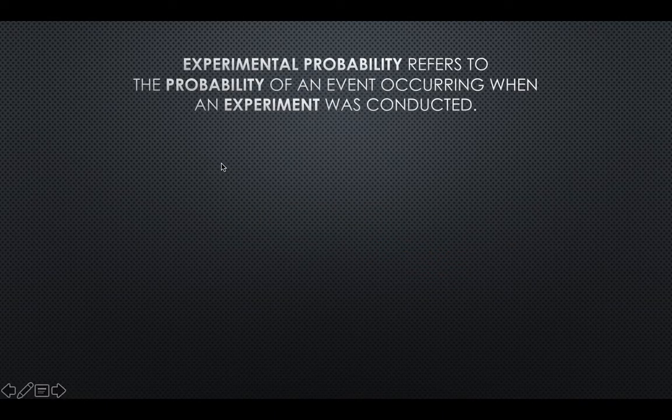But experimental probability refers to the probability of an event occurring when an experiment was conducted. So there's going to be some sort of experiment or event happening, and we're going to talk about the probability within that event from the data that the event gave.